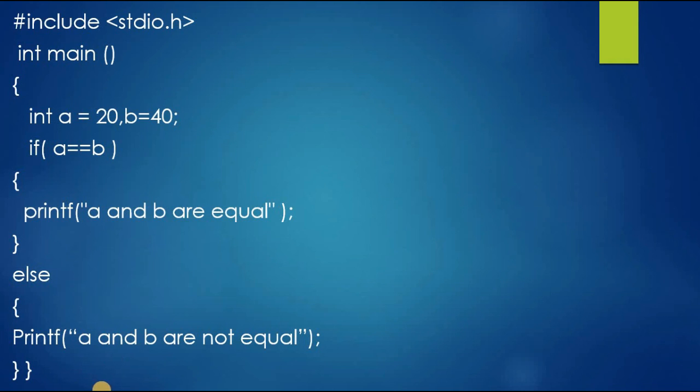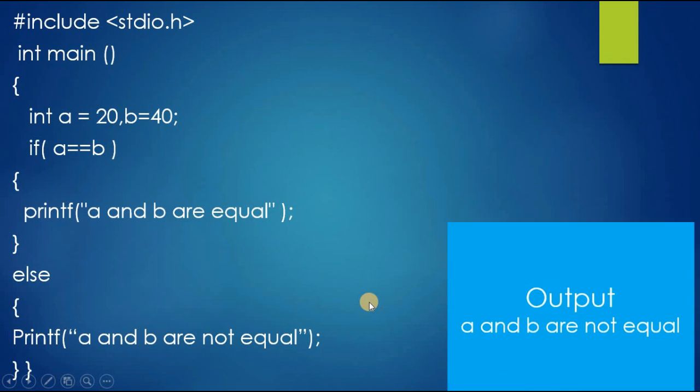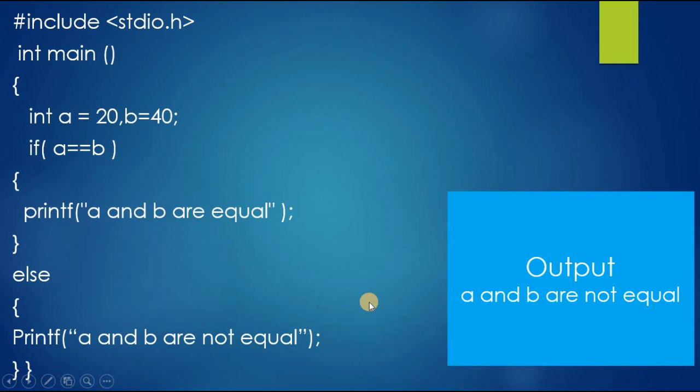It will come outside of the first block, then it will go to the else part of the program, and we will get the result as a and b are not equal. So the output will be a and b are not equal. This is how the if-else statement works.